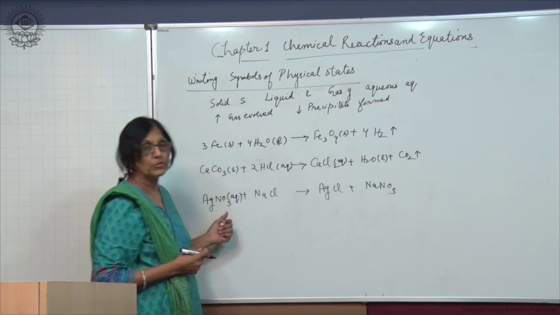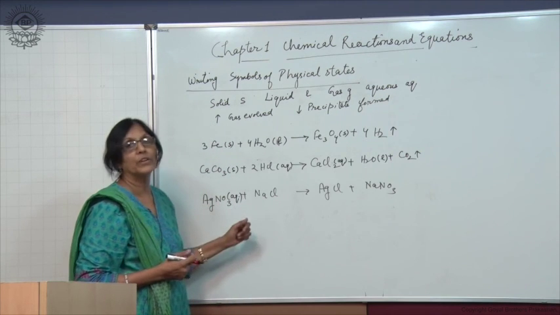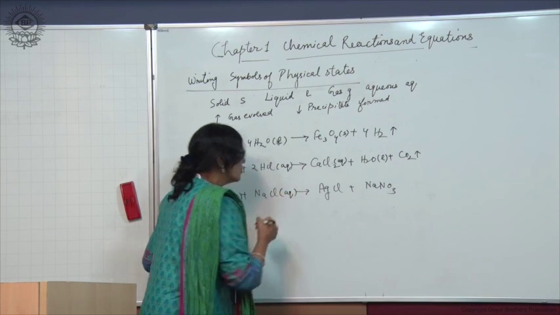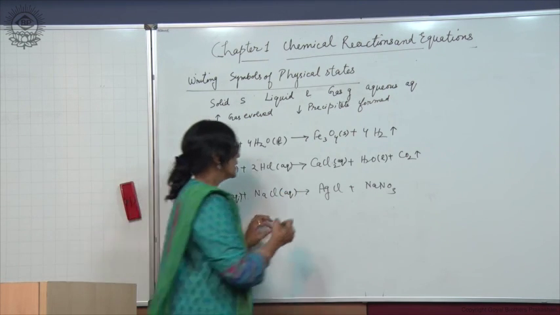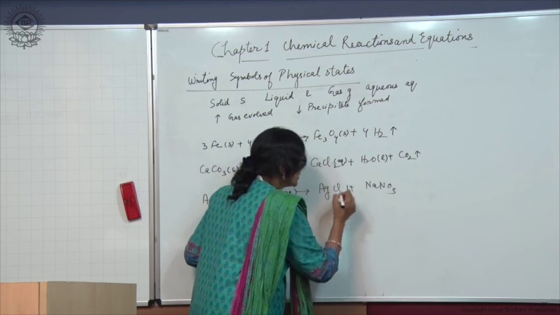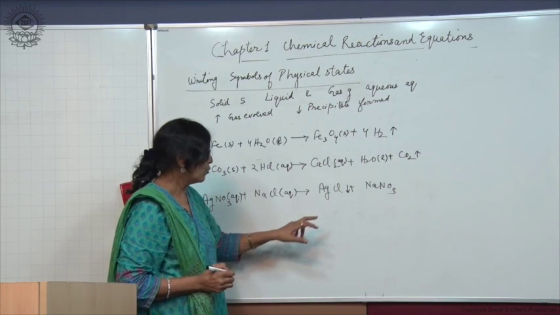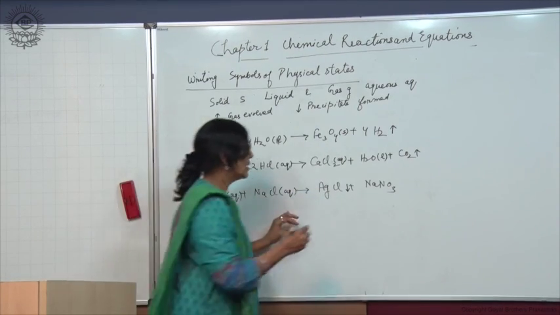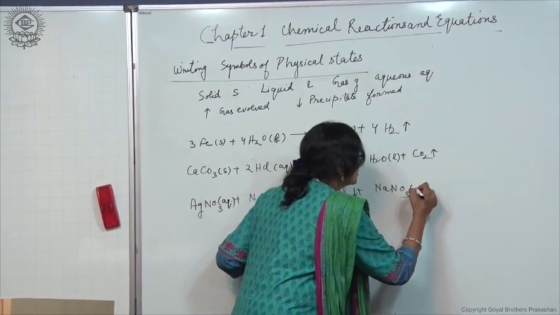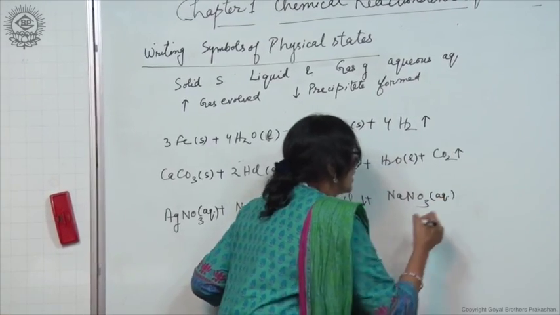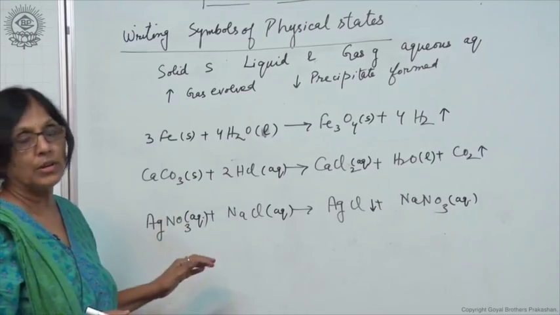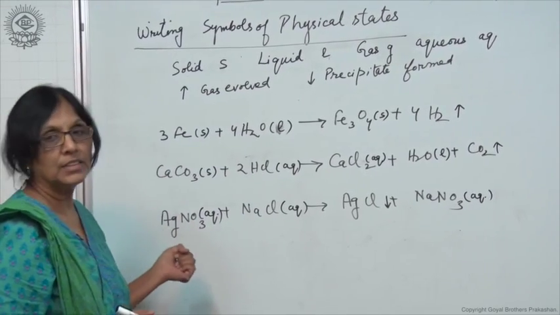Solid you cannot write, because if it is in solid form, it will not react. Here also it is an aqueous solution, solution in water. AgCl is the precipitate formed, arrow in the downward direction, which shows that it is a precipitate which has settled down, and NO3 is again aqueous. So, we can make the chemical equation more informative by writing these symbols.